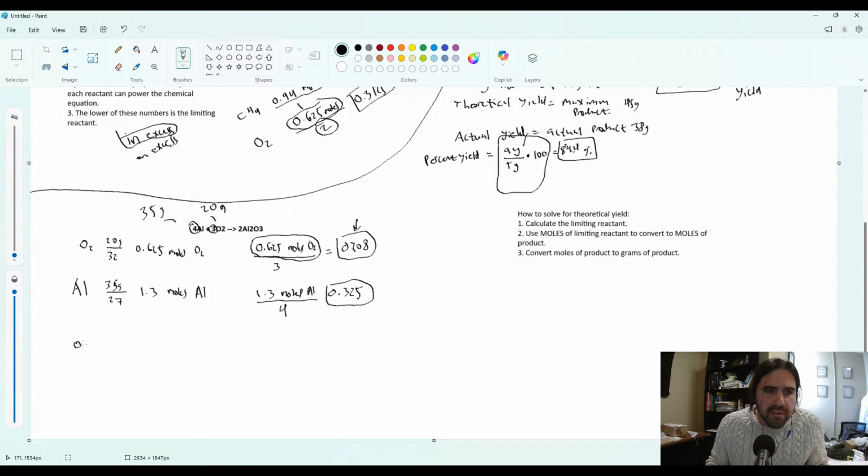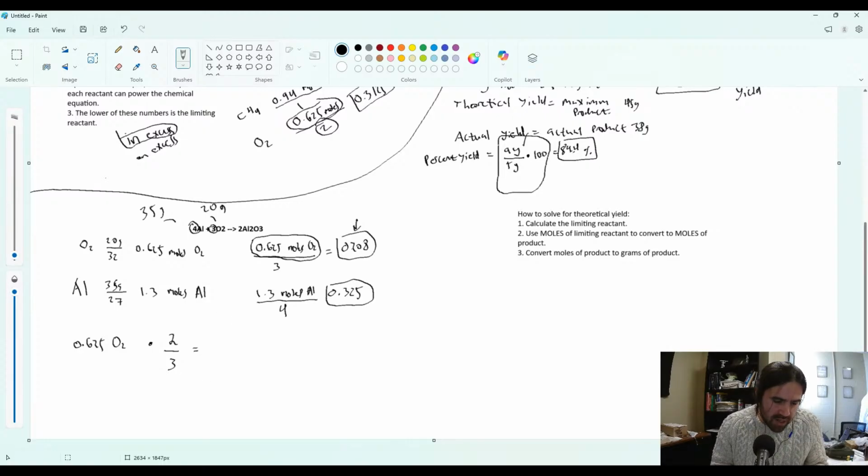Well, it goes 0.625 moles of oxygen, and we multiply by the coefficient of what we want to turn it into, which is aluminum oxide, and divide by the coefficient of where we're coming from, which is oxygen. And that will tell us how many moles of aluminum oxide there are.